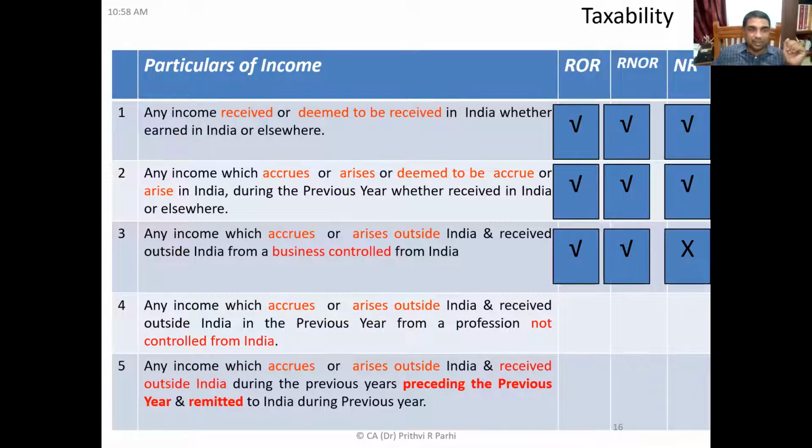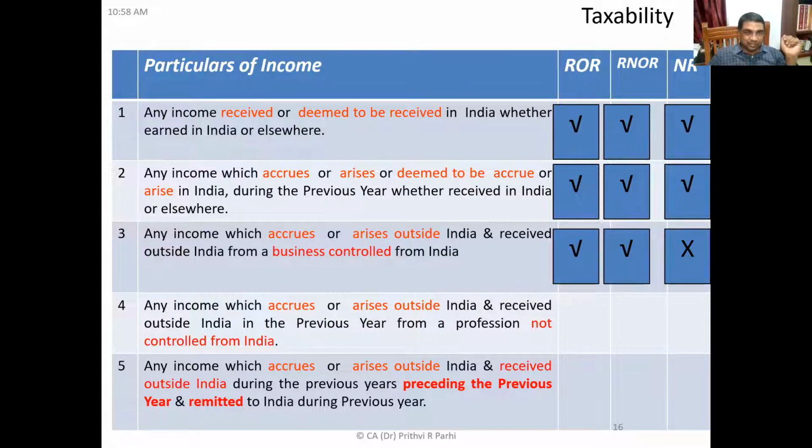Okay. Now, point 4. Any income which accrues or arises outside India and is received outside India from a profession not controlled from India. Sir, none. First case, ROR.